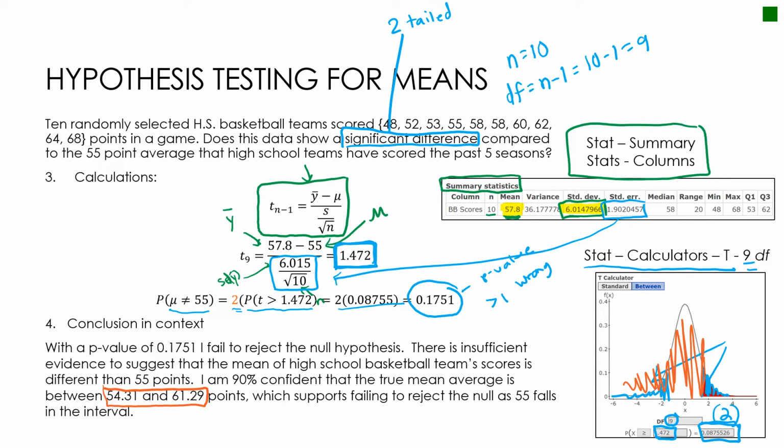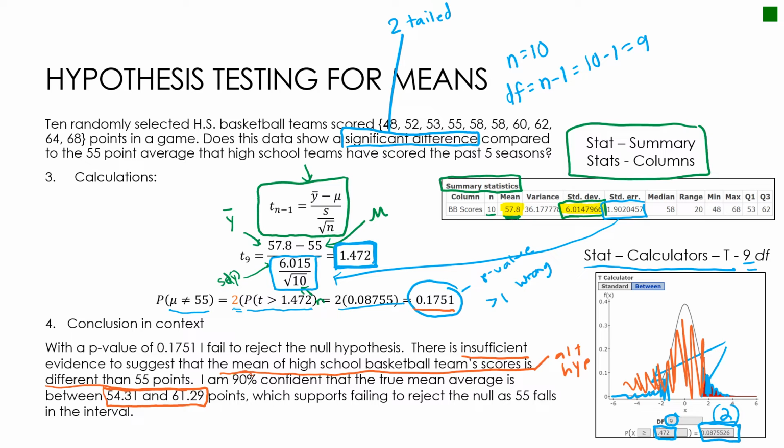I'm saying with a p-value of 0.1751, which is larger than alpha of 5%, I failed to reject the null hypothesis. There is insufficient evidence to say that the alternative is true. And what's the alternative? That the mean of high school basketball team scores is different than 55. So this is always the alternative hypothesis.